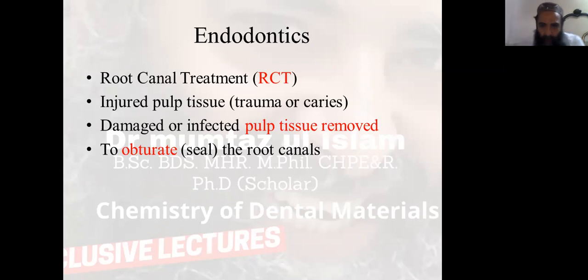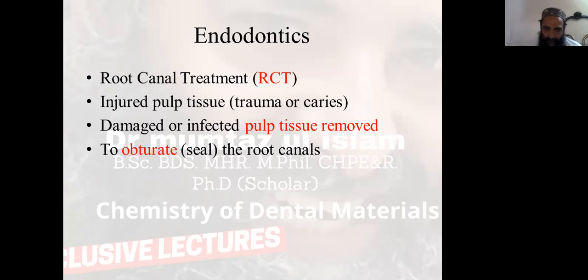Injured pulp tissue due to trauma or caries is there. So we have to remove the damaged or infected pulp tissues and obturate the root canal, mean to seal the root canal, which we have treated.